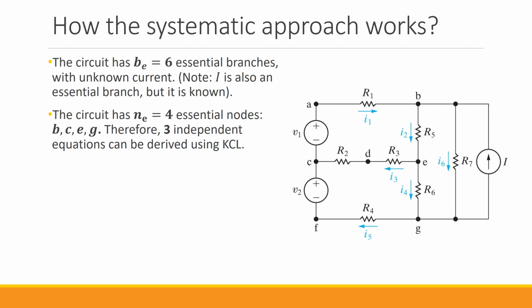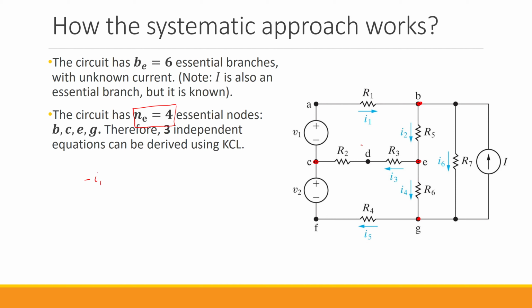The answer is, at first we need to find out the essential nodes and then write the KCL for each one of these essential nodes. So the essential nodes are B, C, E, G, as I said before. And for each one of them, I'm gonna write down the KCL equation. So for node B, we have I1 entering the node, so we have negative I1.